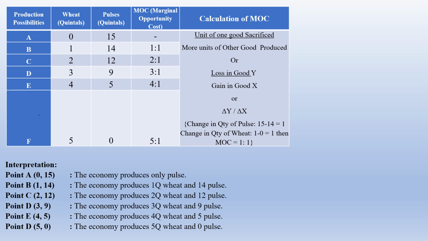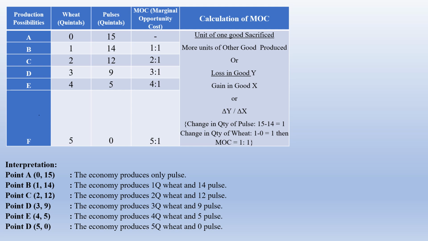Let us understand the concept of PPF with the help of this schedule. It shows the possibilities, the combinations of two goods, and the calculation of MOC. In this schedule, first we only produce pulses. In the second case we start to produce wheat. That causes a reduction in the production of pulses.